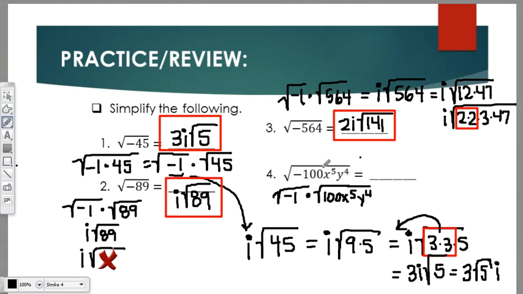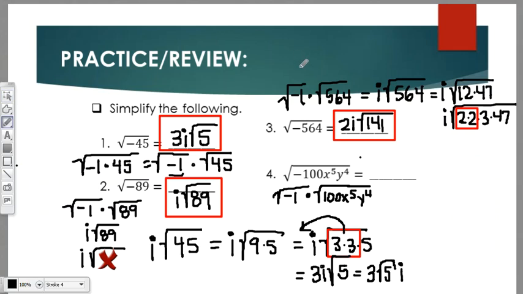If I break that up, I'm going to have i on the outside, and then 100 breaks up into 10 times 10. x to the 5th breaks up into 5 x's, and then 4 y's. Find your pairs.